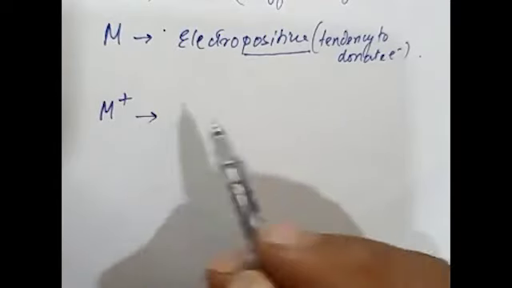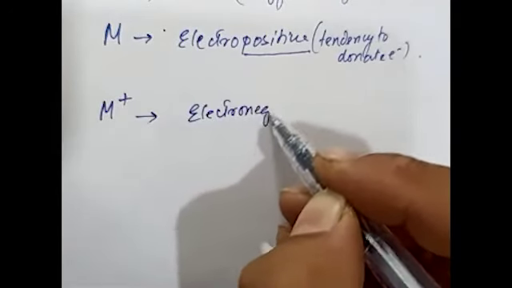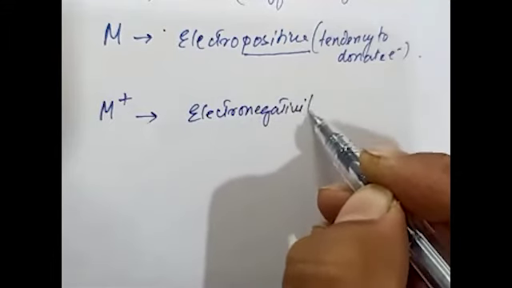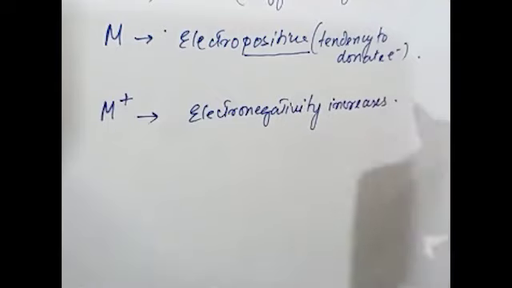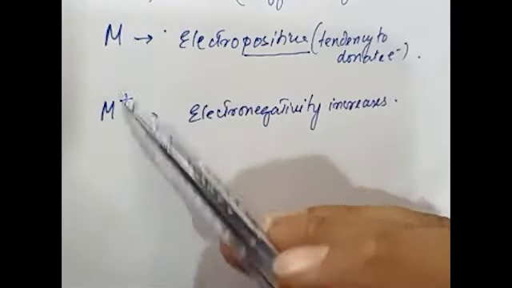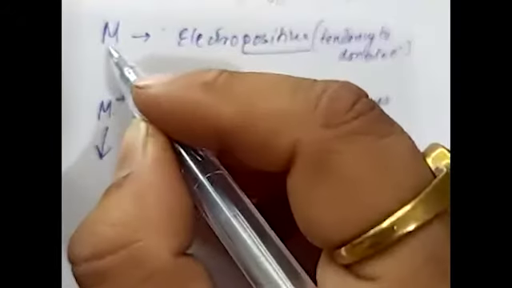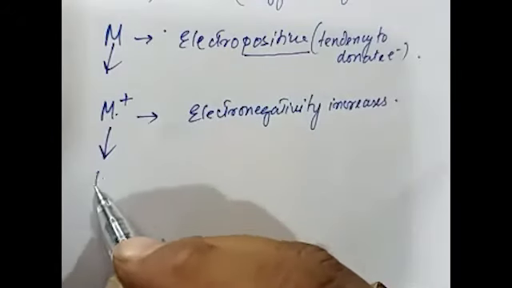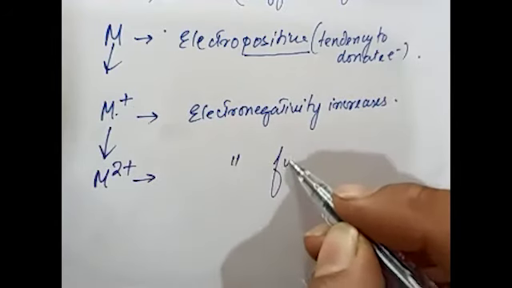Okay. So what will happen ultimately? Electronegativity increases. When it becomes M plus from M, electronegativity increases. It becomes M2 plus, electronegativity further increases.